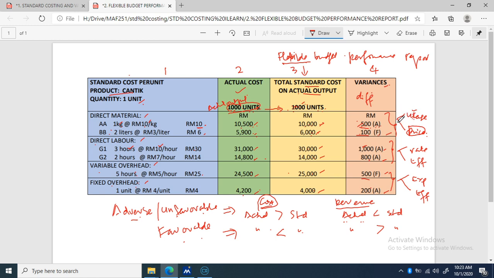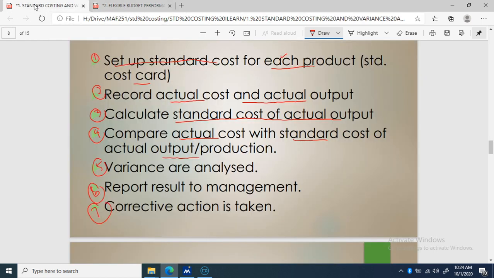Maybe you have new workers that always use a higher quantity because there are more damages during production. So the company or the management has to take corrective action. Same goes to the labor. Why is the labor variance adverse? That means you overspend. Maybe because your workers are not efficient. They work slow. So what is the corrective action? Give training and so on. So this is how we call it, corrective action is taken.